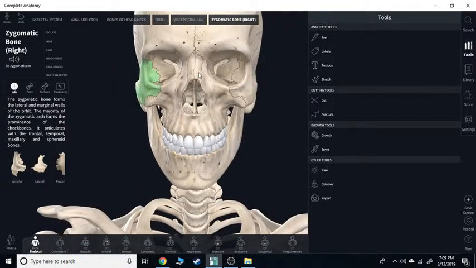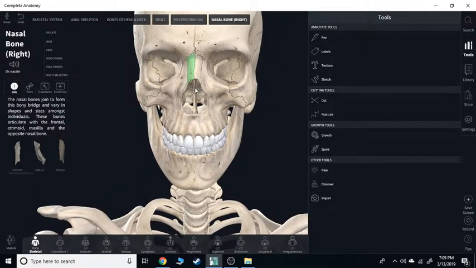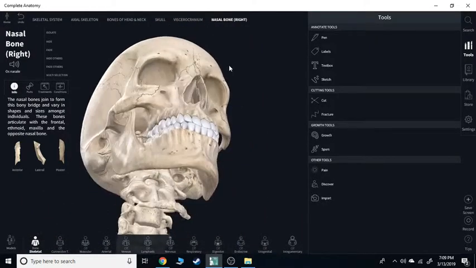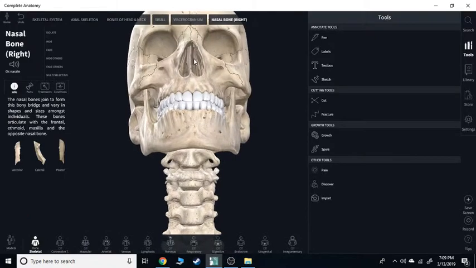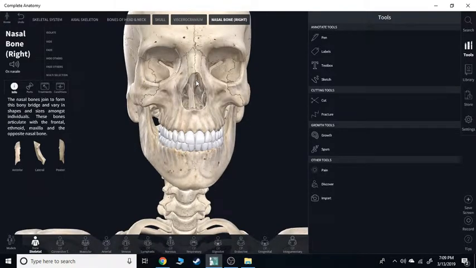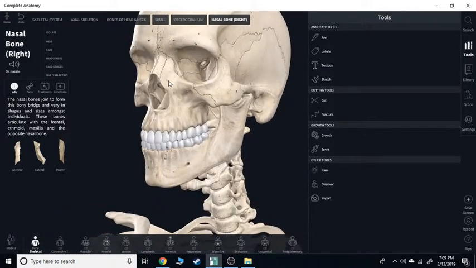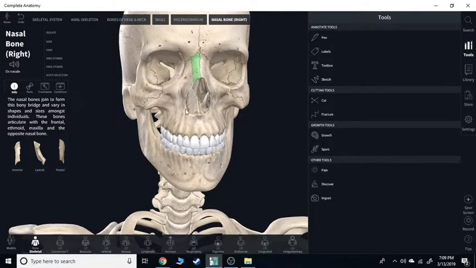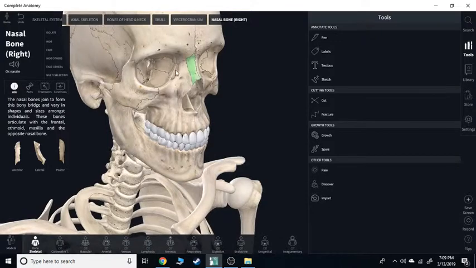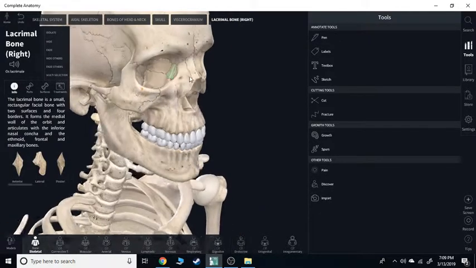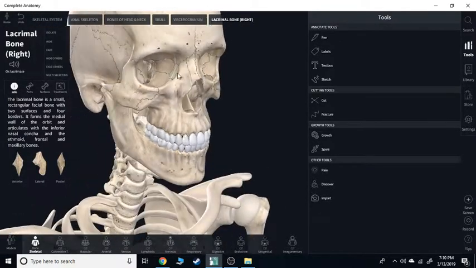We have the two nasal bones, really simple bones. They don't really have anything special that we're going to talk about, but they create the superior portion of the nasal area. We have two lacrimal bones that help make up the medial portion of the orbit.